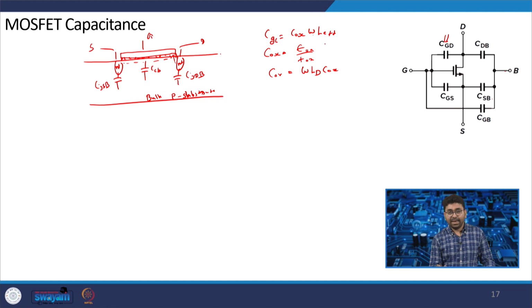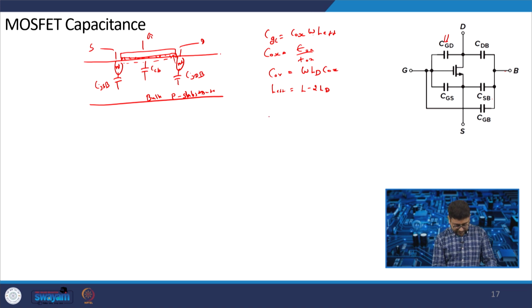The overlap capacitance is W LD C ox, where C ox is epsilon ox by T ox.